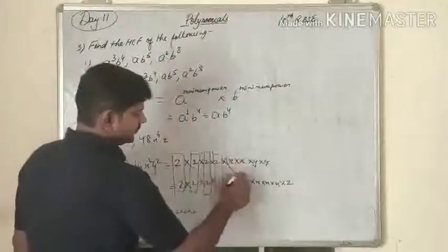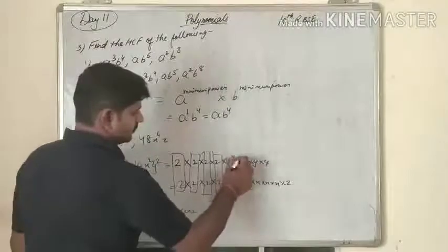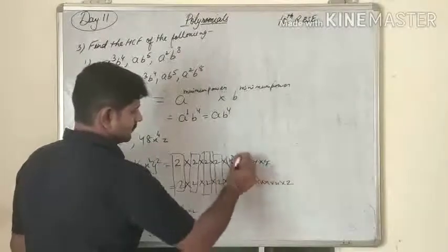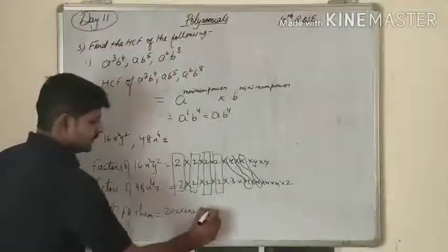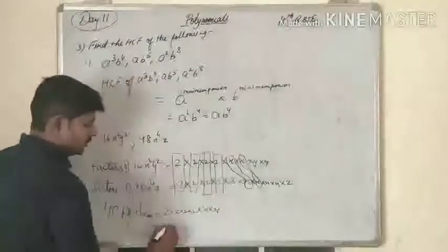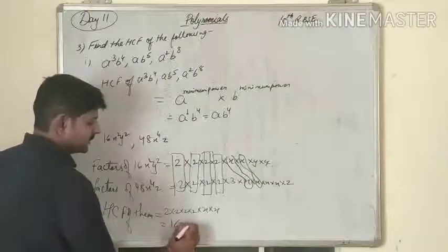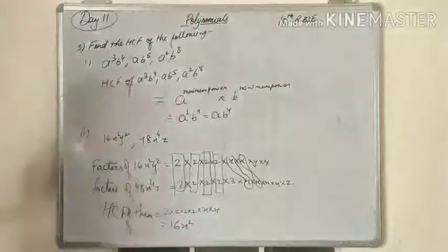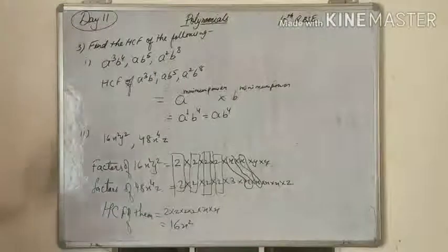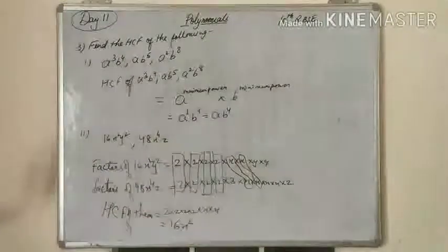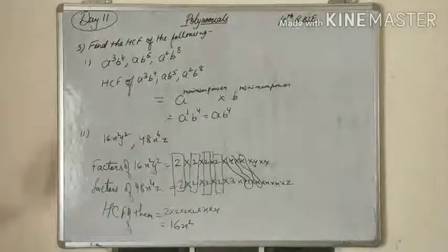Then x: this much, y is not there, that's why x into x. So finally we get 16x square. This is the highest common factor. Please write it down, then we will take the next few parts. We just have to find the minimum power, and it must be common.